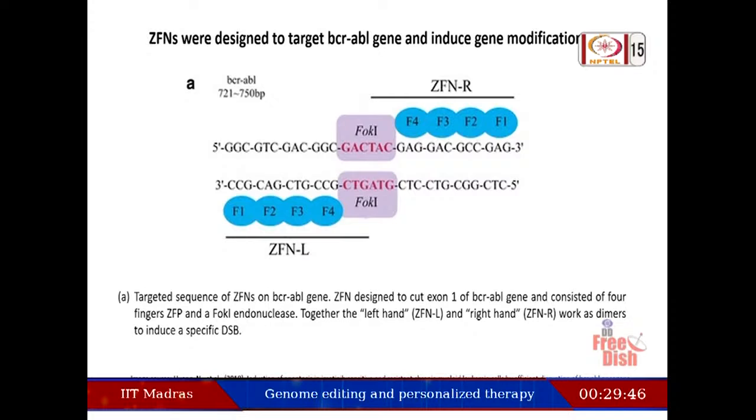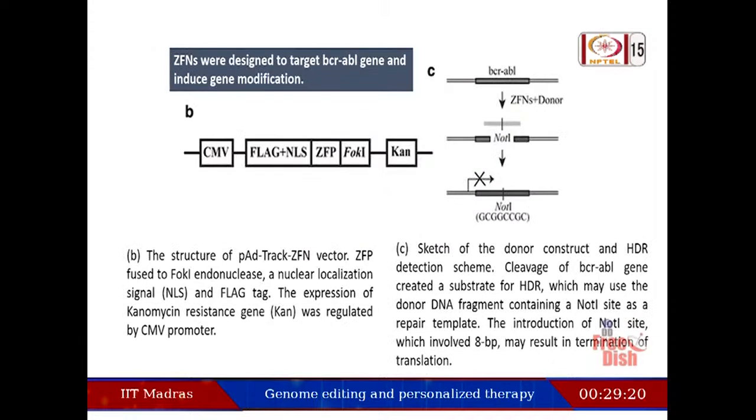ZFN was designed to cut exon 1 of the BCR-ABL gene, and it consisted of 4 zinc fingers and a FokI endonuclease. Together the left hand and the right hand work as dimers to induce the specific DSB, the mechanism of which has been discussed at length in the lectures on ZFN technologies.